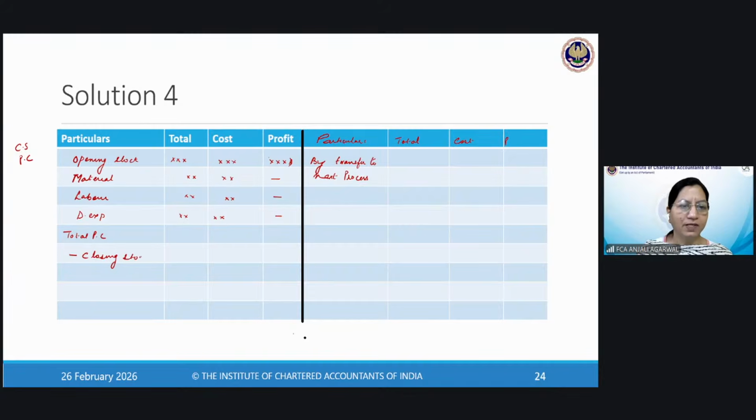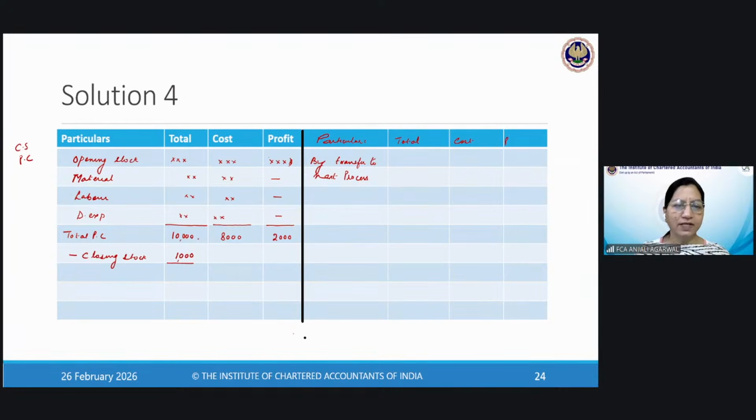So what will happen is a figure will come up here. Let's say 10,000, cost 8,000, and profit 2,000. So if you had said that the closing stock is 1,000, right? You will automatically establish your relation.